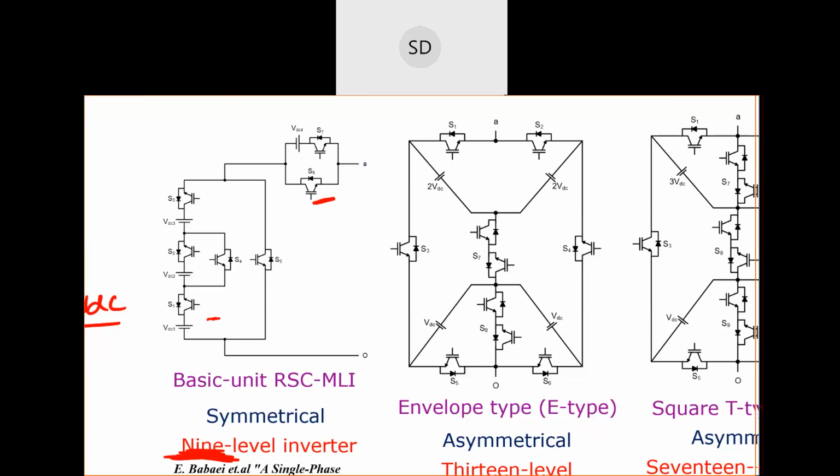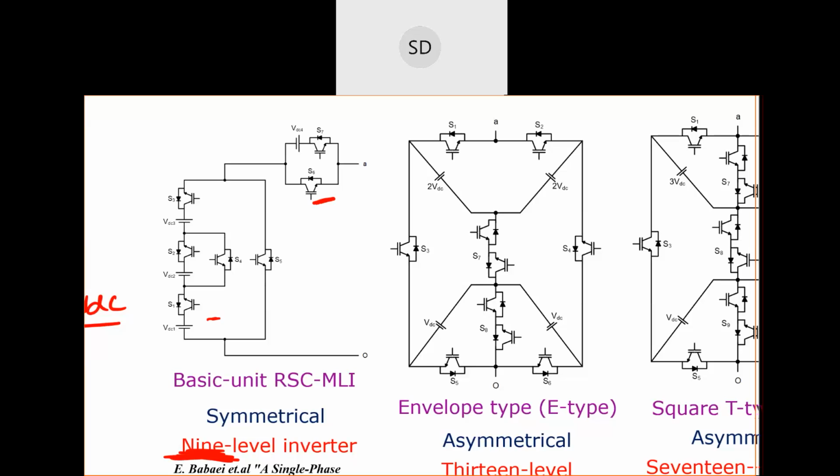S1, S2, S3 and S7, right? If you want minus 4 VDC, which switches do we need to turn on? Can we get minus 4 VDC from this? If you want VDC, which switches do you need to turn on?